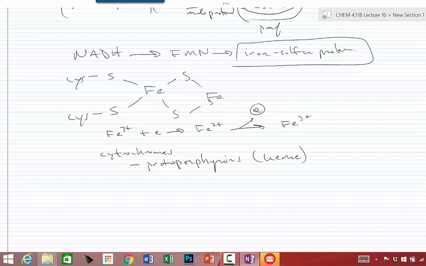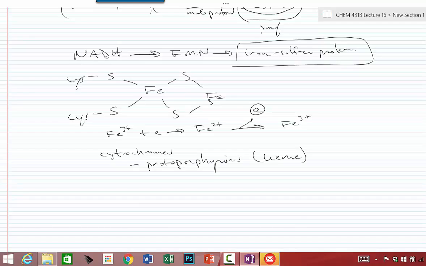Here you have iron caught in these cytochromes. They call these structures without the iron protoporphyrins, and the iron is stuck right there. Again, the iron will be in the +3 state, and it will get reduced to the +2 state. Then it can give up electrons again. So these are the cytochromes that hold these.